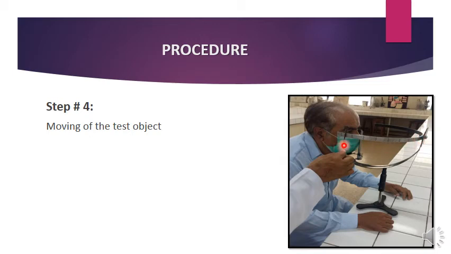The test object will be moved from this position towards the central fixation point. Now the point where the test object becomes first visible will be noted and marked on the perimetry chart.